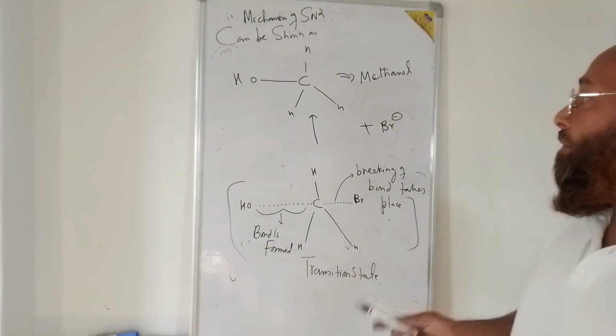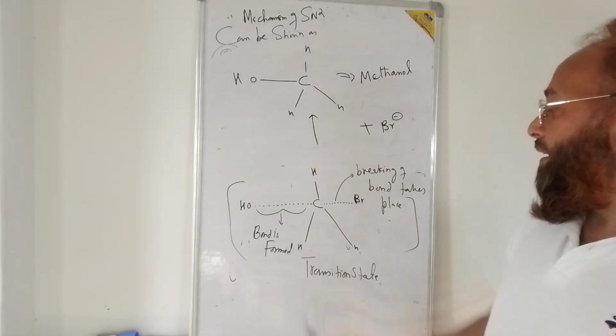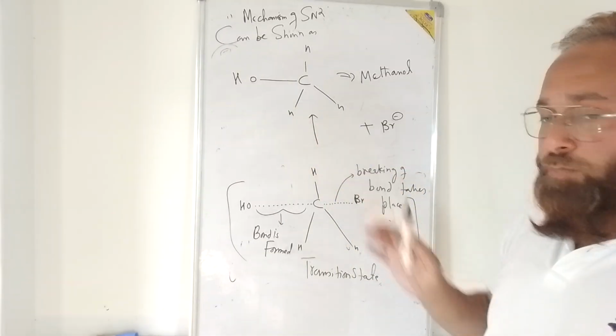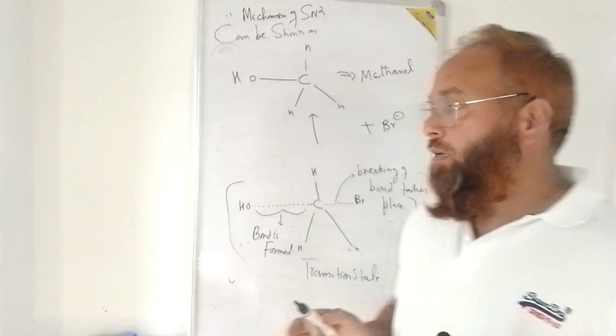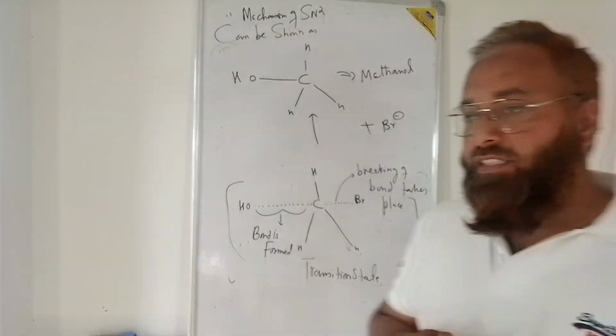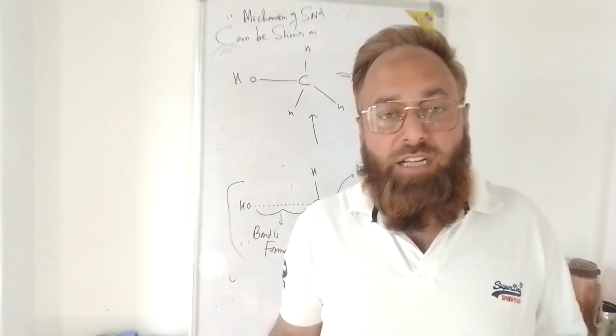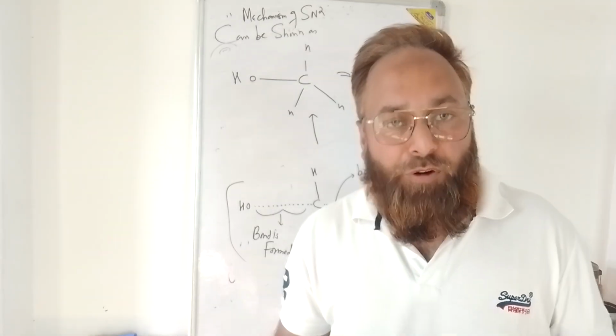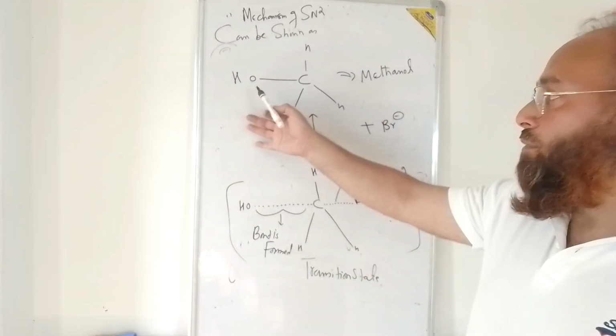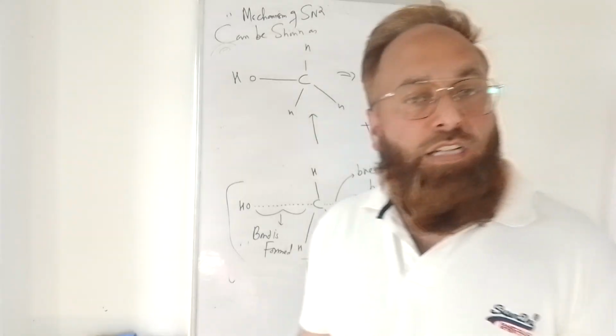But I will show here OH comes through backside. So backside attack is possible. Backside attack is very beneficial in SN2 reaction, because OH does not come through the front side, because the front side also contains Br. Br creates repulsion with OH, so product is not formed. So when it comes through backside, product is easily formed.